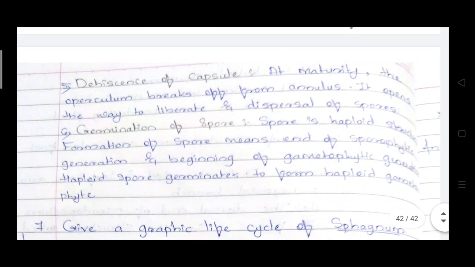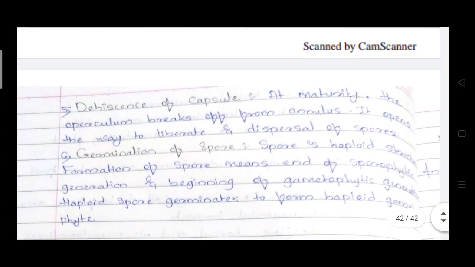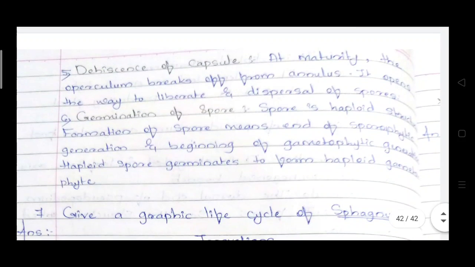When the sporophyte matures, dehiscence of the capsule takes place. In the mature capsule, the operculum breaks off from the annulus, so it opens the capsule. In this way the spores are liberated and dispersed. Then when the spores reach a suitable substratum, they grow.